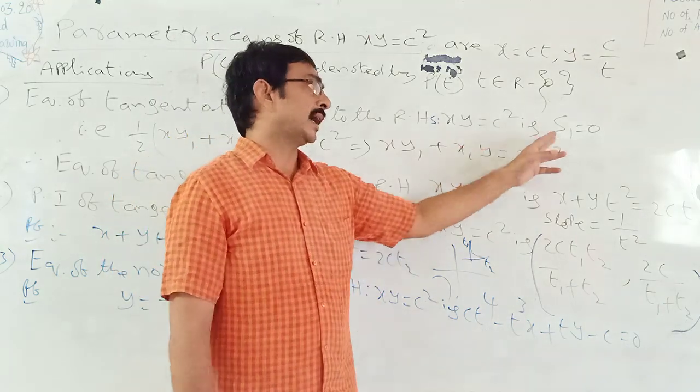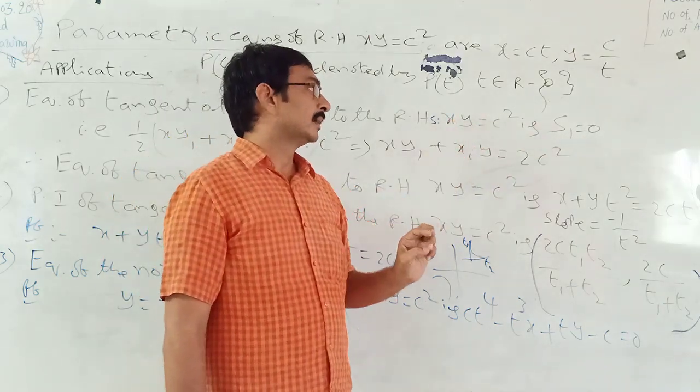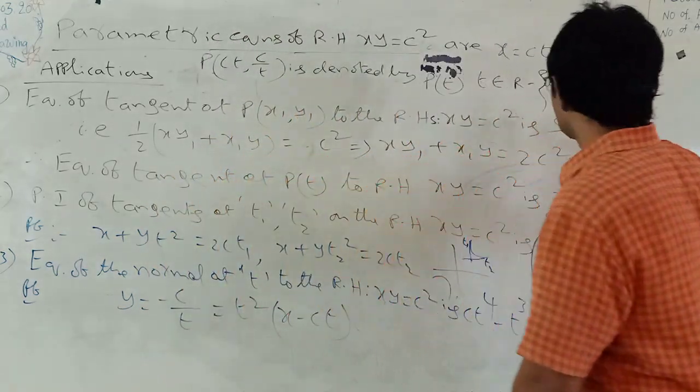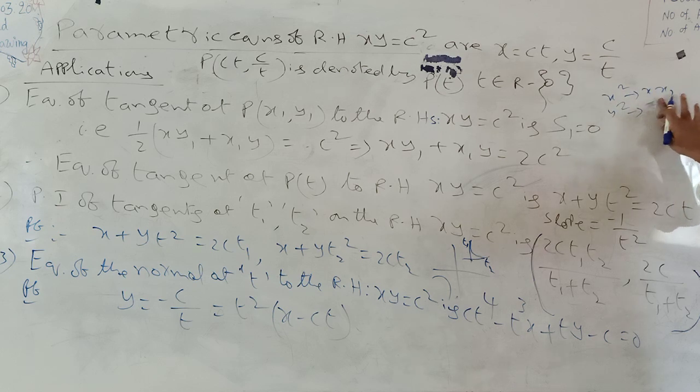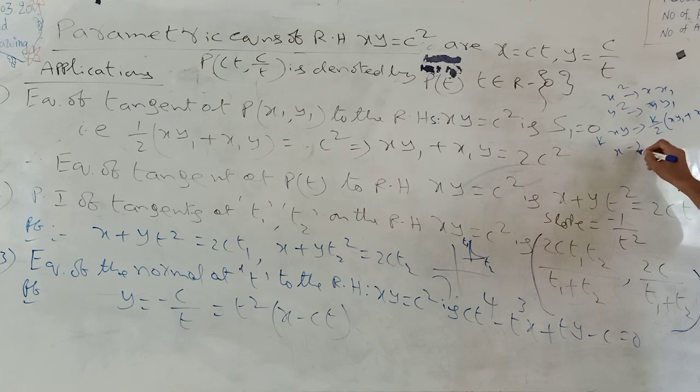All of you know how to write s1 from s. See the rules of writing s1 from s. x square is replaced with x x1, y square with y y1, the xy term with half of the coefficient of xy into (x y1 plus x1 y). The x term is replaced with half of the coefficient of x into (x plus x1).